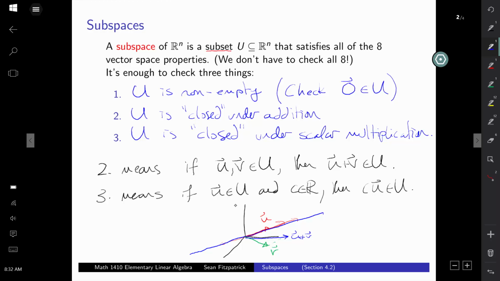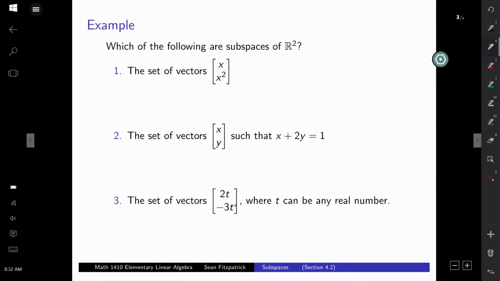That would mean that any linear combination, anything that looks like a times u plus b times v, would have to be in there. So if there's a second vector v in there, then what you would get is the entire plane that contains those two vectors, and that would be your subspace in that case. So we'll explore these ideas going forward.